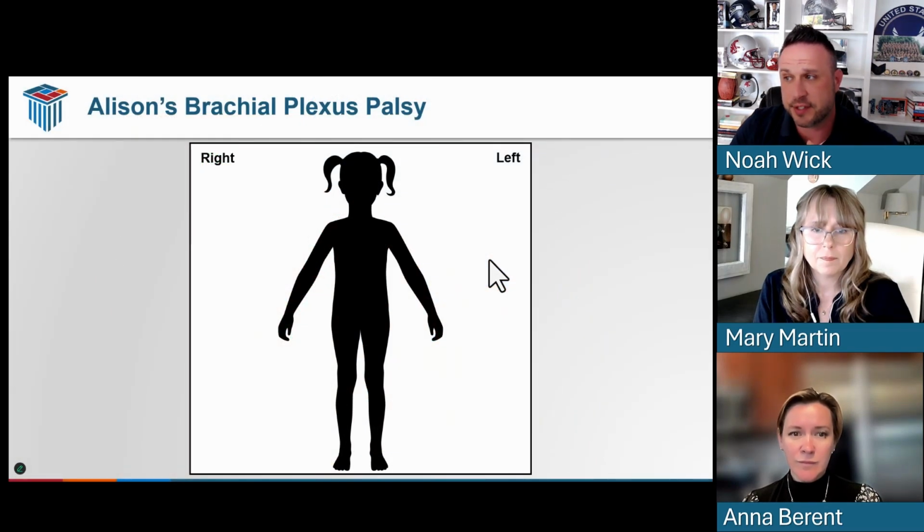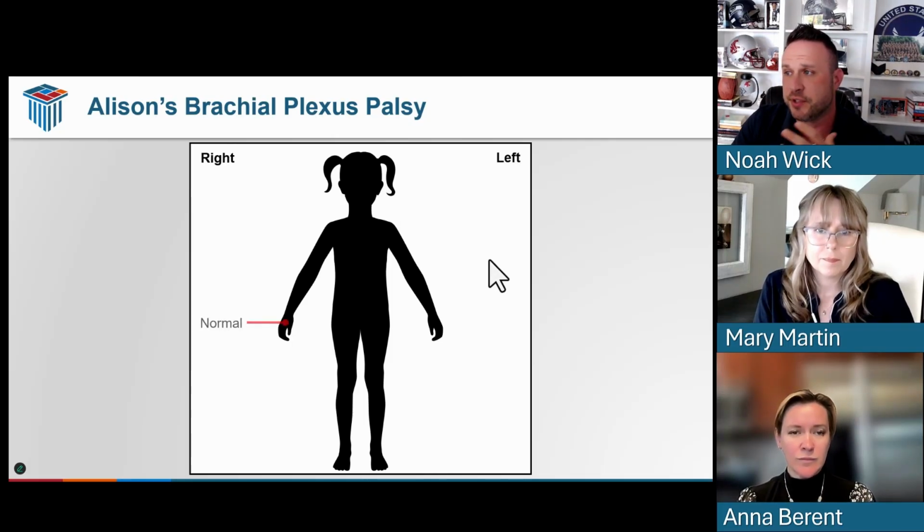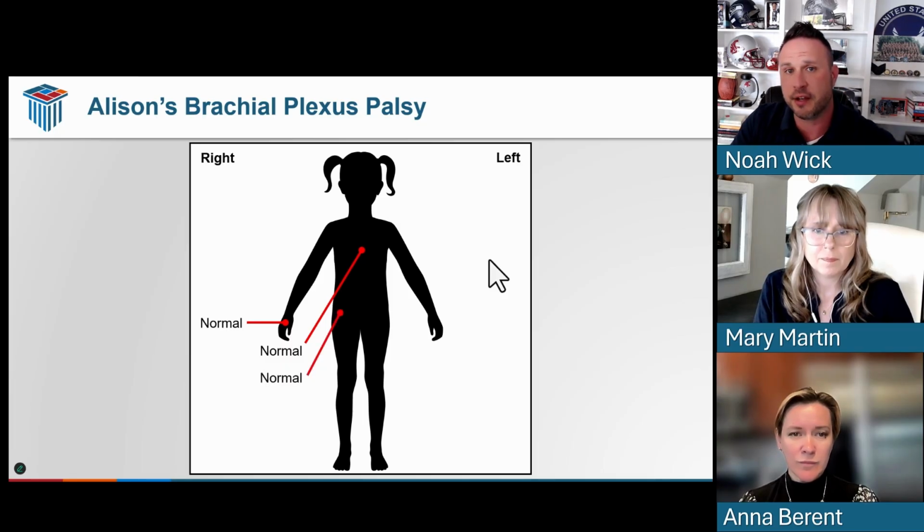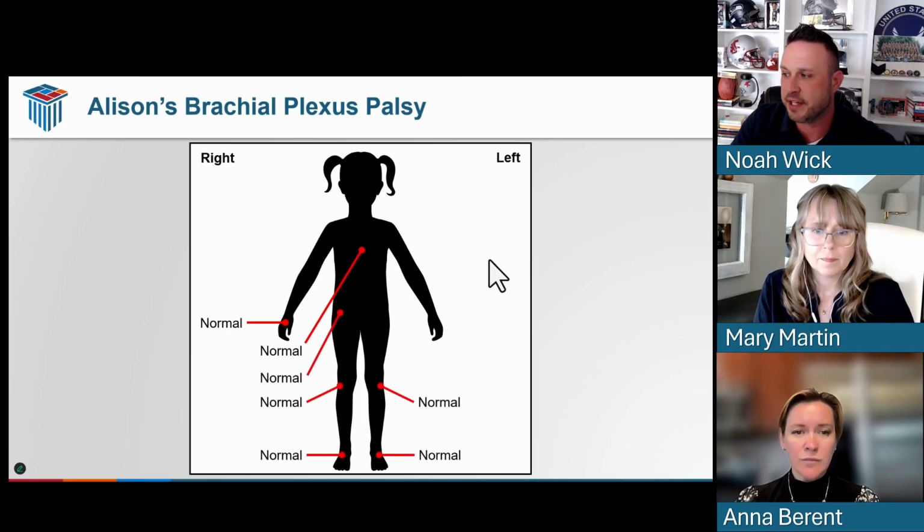This is Allison, and this is what we based our example moving forward on, showing examples of a brachial plexus injury and showing the positive side of the demonstratives, all the things that are normal, everything that is fine with that plaintiff.